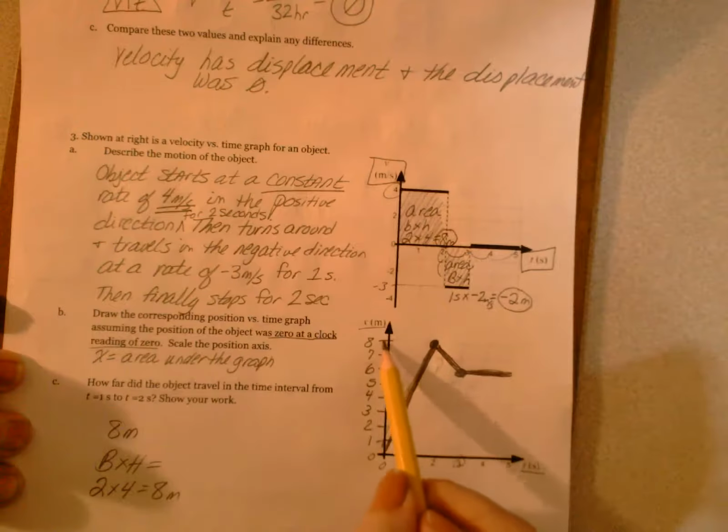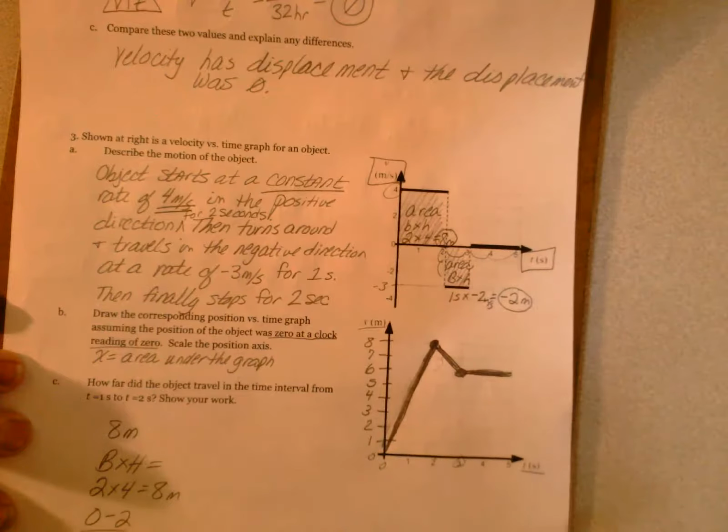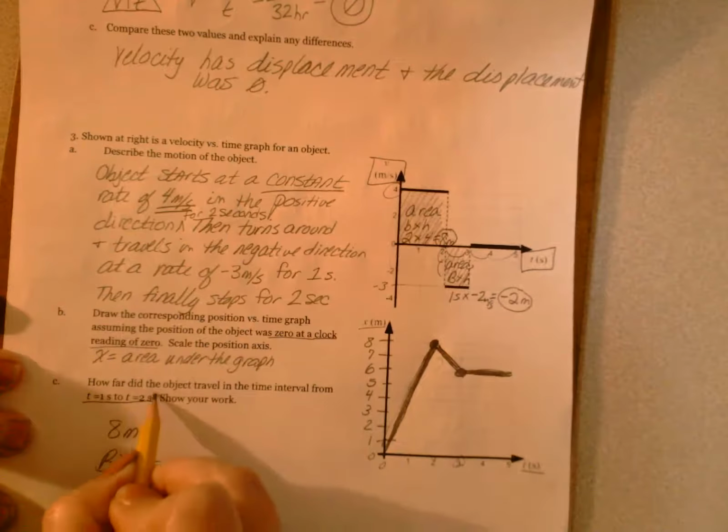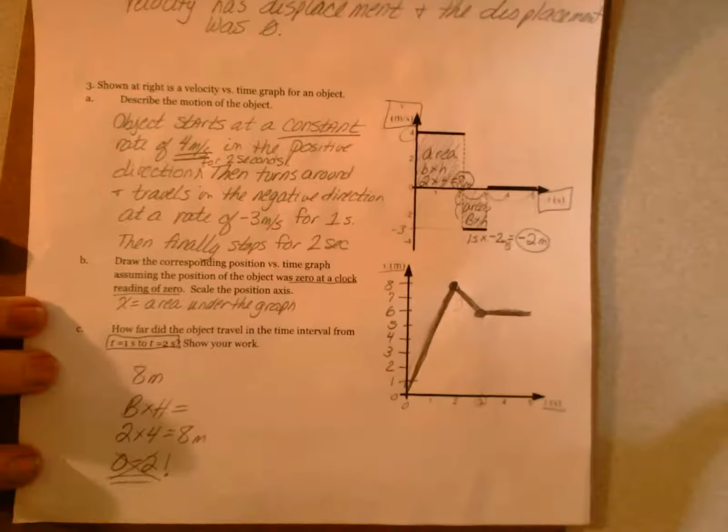Or you can just look up at this graph and say, hey, in 2 seconds, from what, oh, I lied. That would be from 0 to 2 seconds. So that's not quite right. We have to go from 1 to 2 seconds. So read those directions closely, because if it can get me, it can get you.